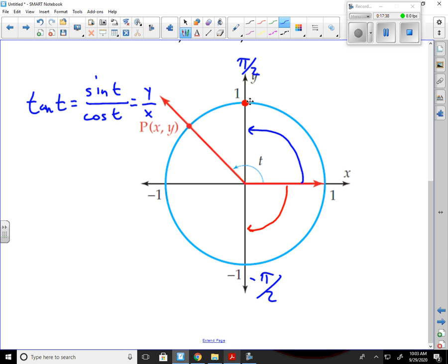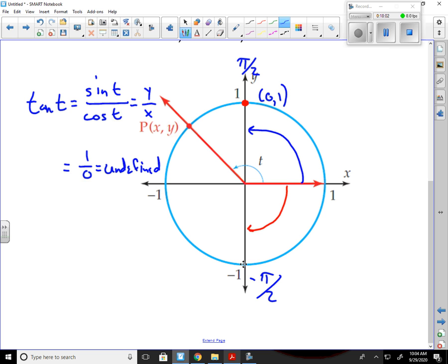If I look at this point here, this is the point (0, 1). So if I just plug those values in, that gives me tan t is 1 over 0. Can you divide by a 0? No, that would give you an undefined value. So that's why my domain does not exist at pi over 2.